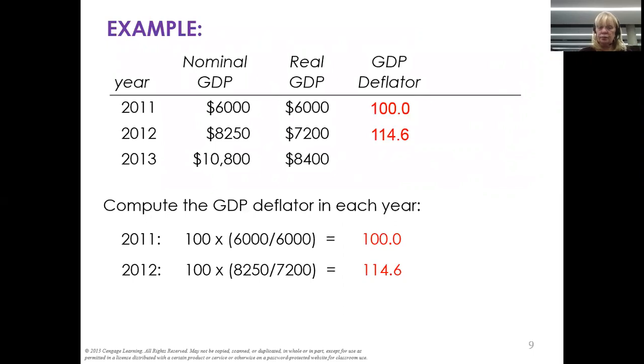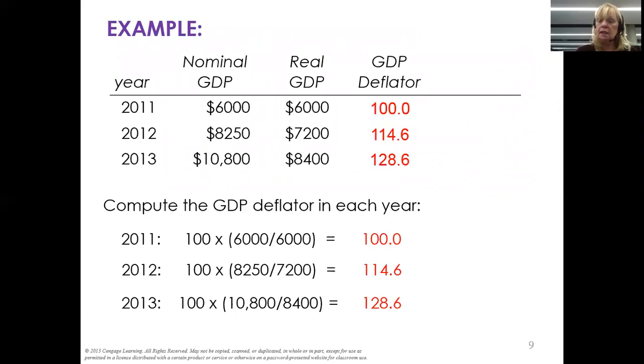Third year, nominal GDP 10,800 divided by 8,400 gives you 1.286, times 100 gives you 128.6. That's your GDP deflator for each of those years, but there's one more step to be able to figure the inflation rate.